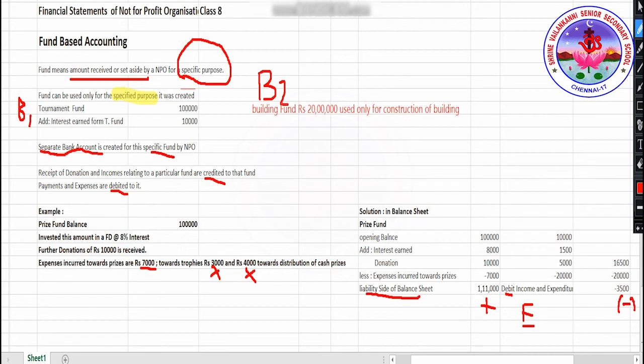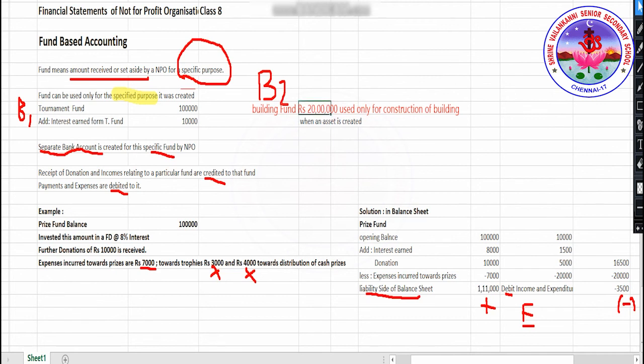The next thing we have to pay attention to is that an asset is created out of a specified fund. Take the example of the building fund. When an asset is created out of the specified fund, you show that on the asset side of the balance sheet, and whatever the amount is, you need to deduct it from that particular fund.